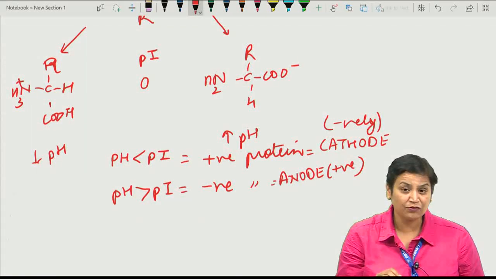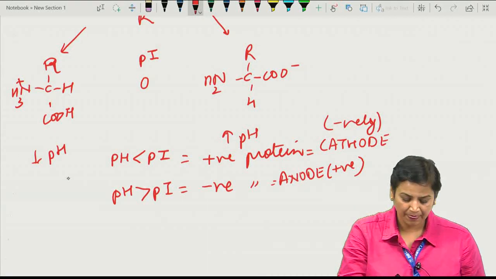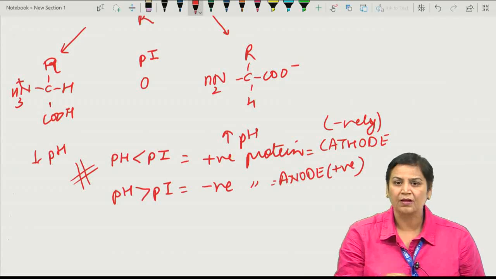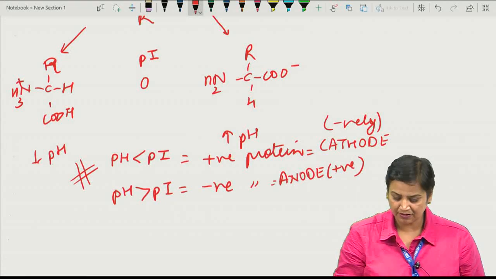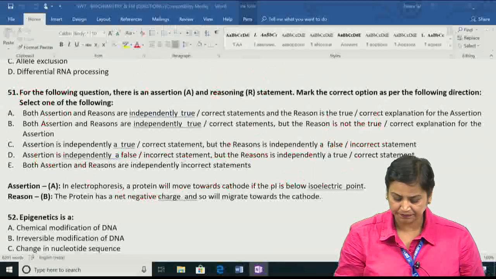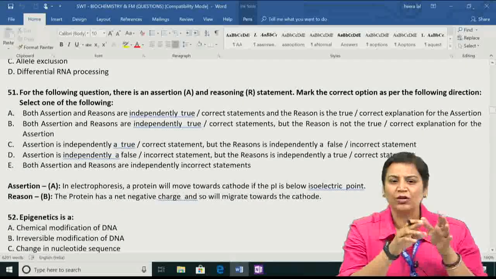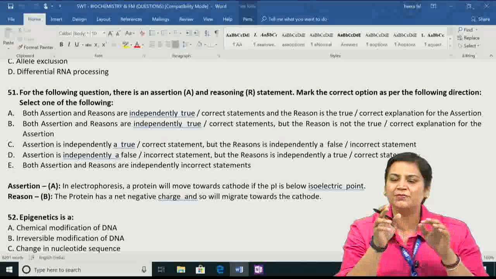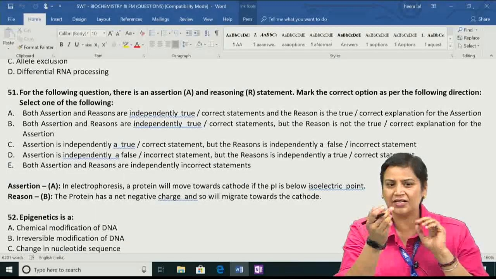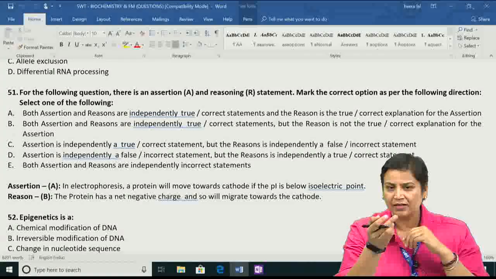Now the question says pH is less than pI. So the assertion is what? In electrophoresis, a protein will move towards the cathode if the pH is below the isoelectric point. This is correct. It is going to move towards the cathode.